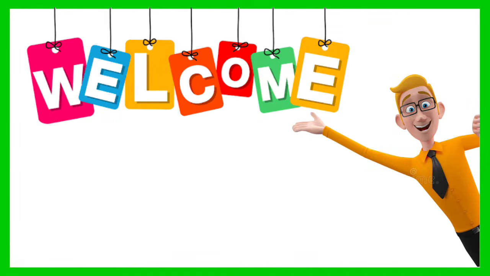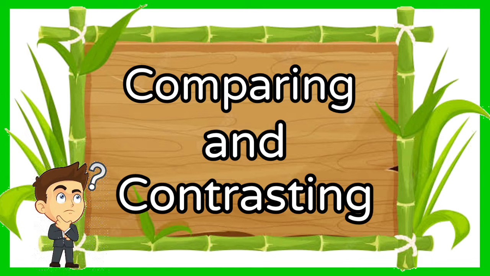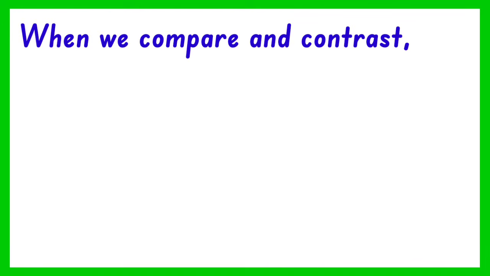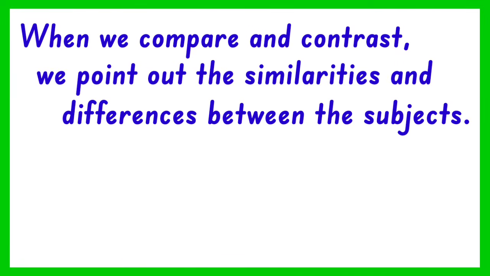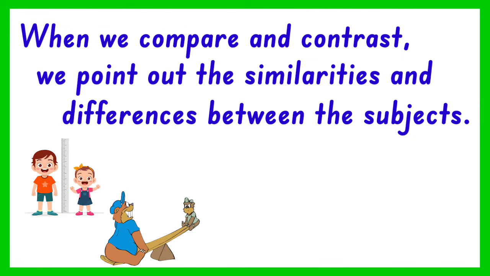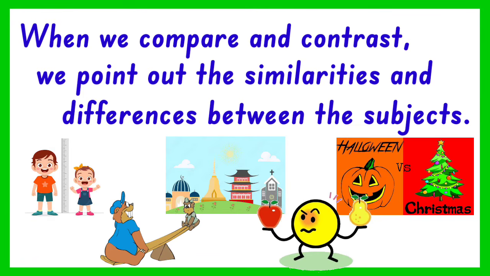For this video, we will be comparing and contrasting things. What do we mean by comparing and contrasting? When we compare and contrast, we point out the similarities and differences between two or more subjects, like people, animals, places, things, or events.